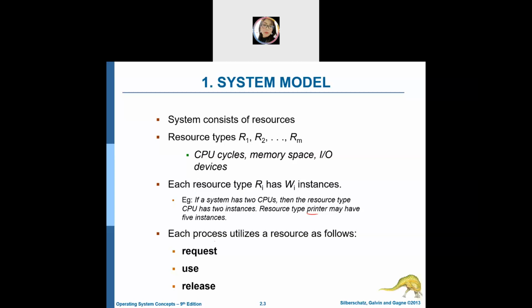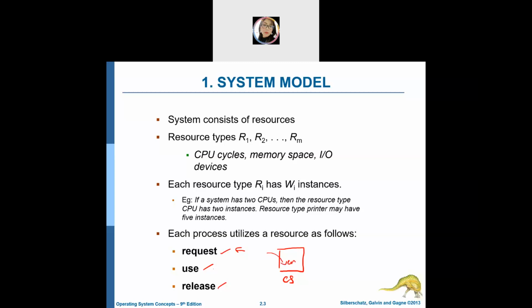Each process utilizes a resource in three steps: request, use, and release. It's quite similar to our normal activities, and also to your previous scheduling. You need to request to enter the CS if you still remember, then of course you can enter.